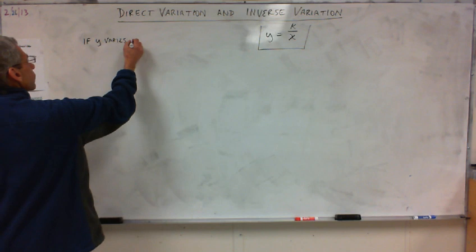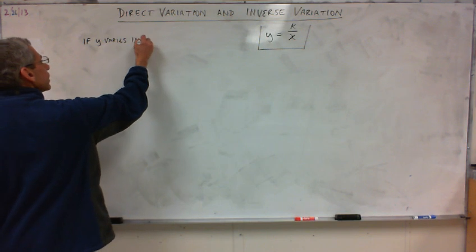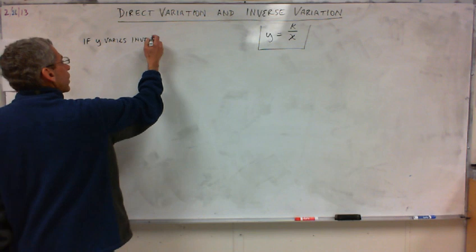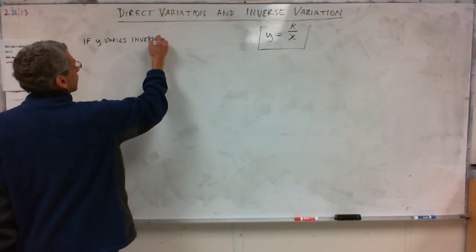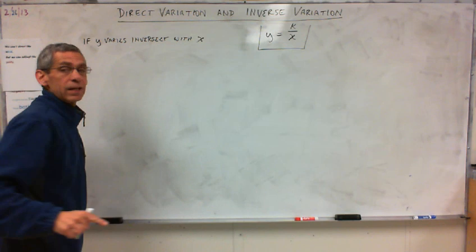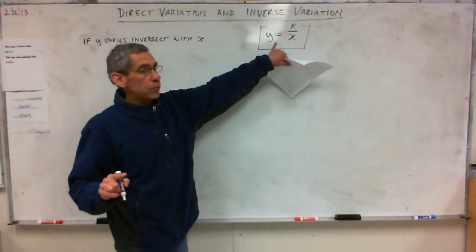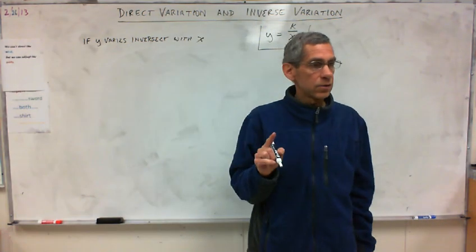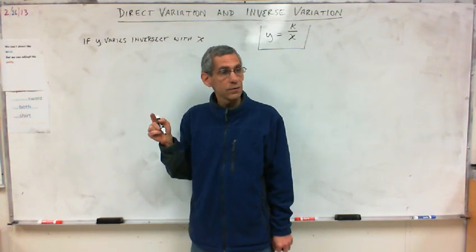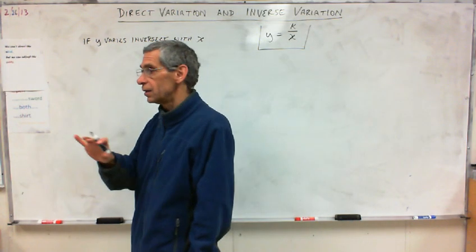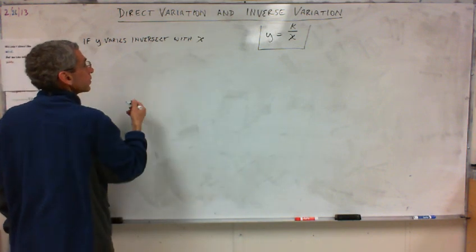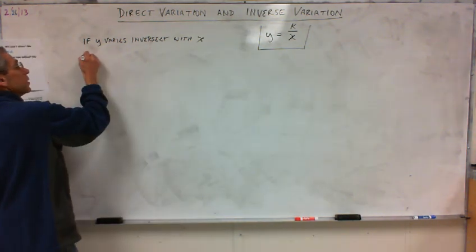This is how they'll say it: if y varies inversely with x. Immediately when they say that, you write this formula, y equals k over x. Just like when it says if y varies directly, you write y equals kx, right? You just write your formula immediately.